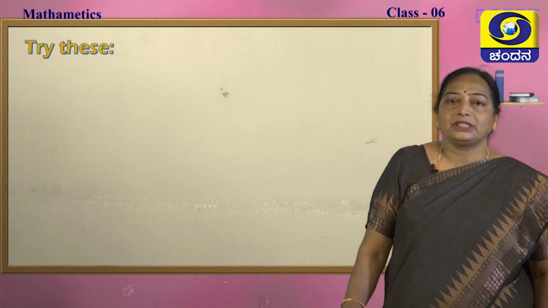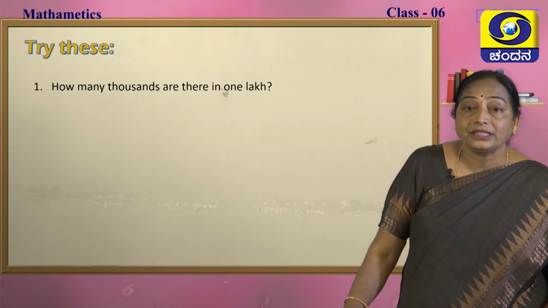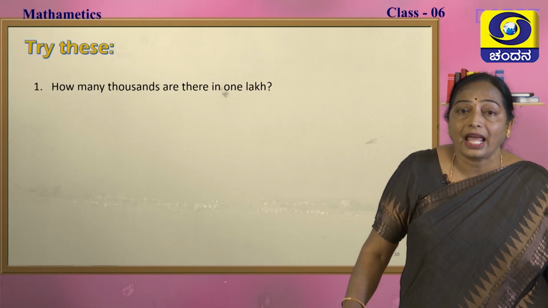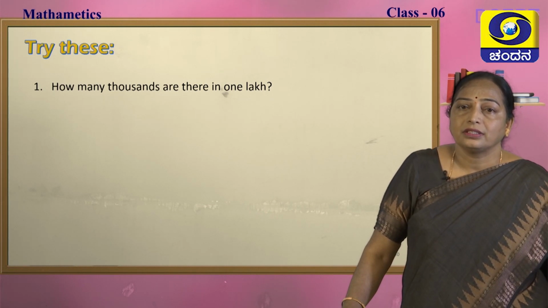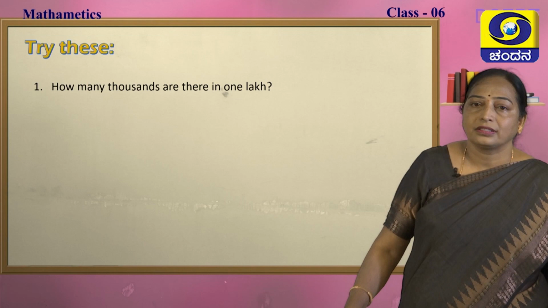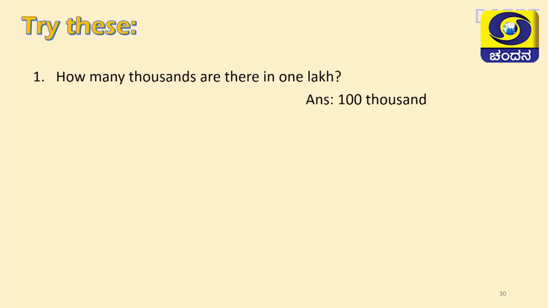Try to do these, children. How many thousands are there in 1 lakh? Think once. Yes, you are right. 100,000. One more question. How many millions are there in 1 crore?